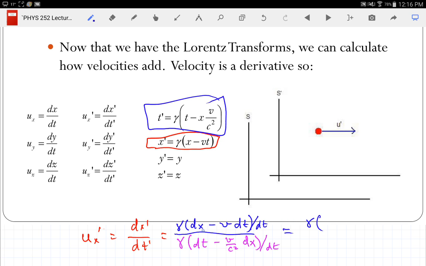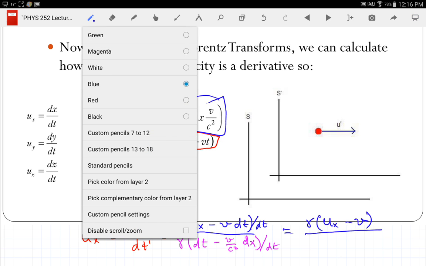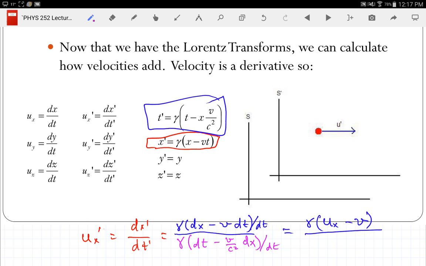Then this becomes gamma times dx/dt. What's dx/dt according to my definitions? ux, minus v. And what's dt/dt? 1. On the bottom, what do I have now?